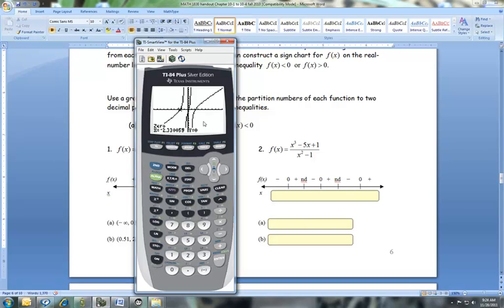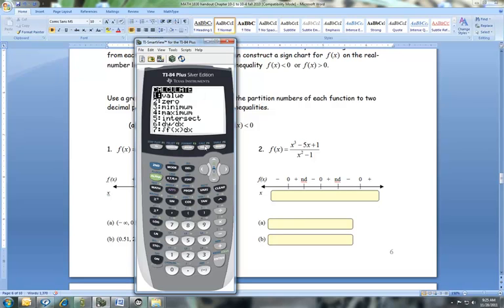Let's go find the middle 0, that one right there. Second trace, the calc menu, it's between negative 1 and 1, and I don't guess. So this one should be 0.20. Let's go get this last 0.